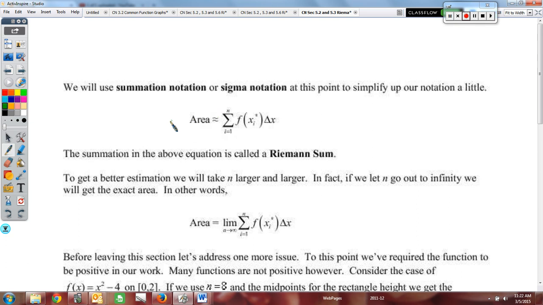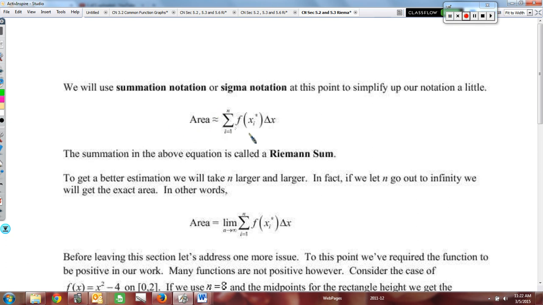Here I've taken it from expanded form to sigma notation, where this is f of c sub i, delta x. This summation is called a Riemann sum, named after the German mathematician Riemann, and this Riemann sum approximates the area.